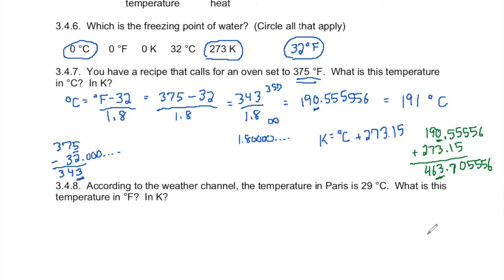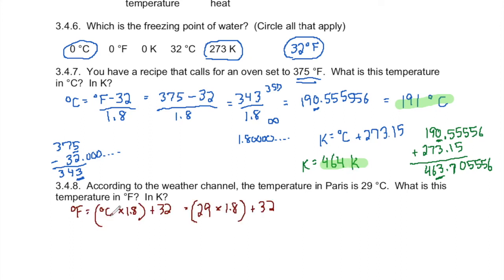So we come up with 463.70555 known to the ones place. So our Kelvin would be 464 Kelvin. We'll round that to the ones place. So we have our temperature in degrees Celsius and also in Kelvin.